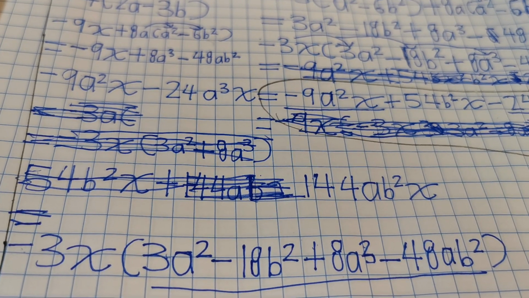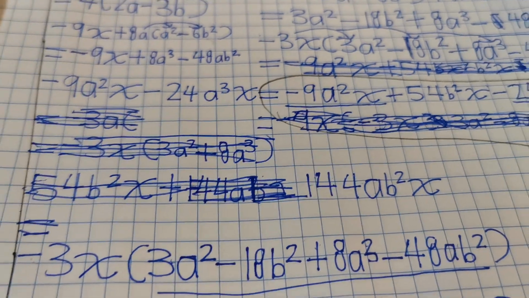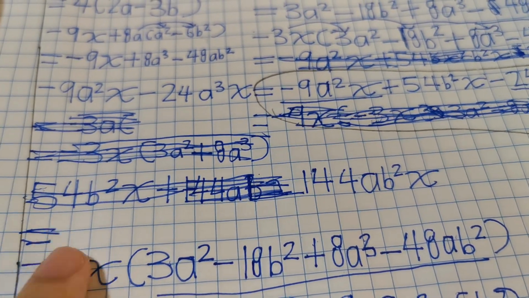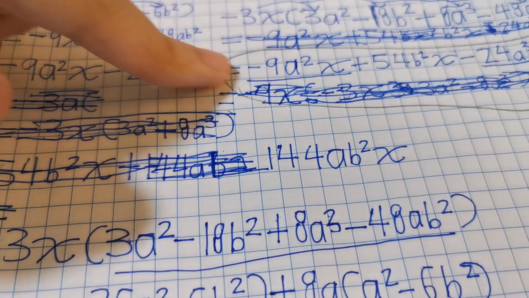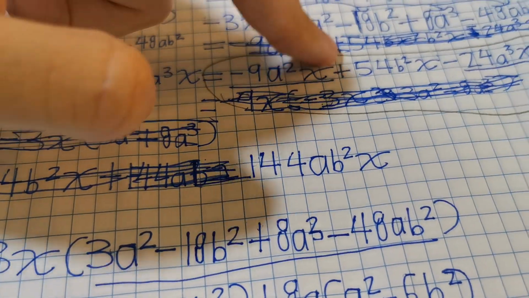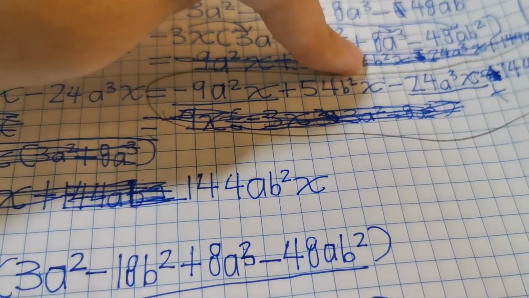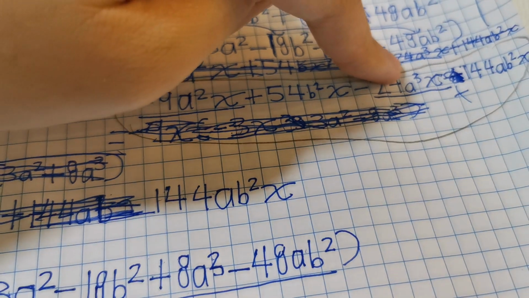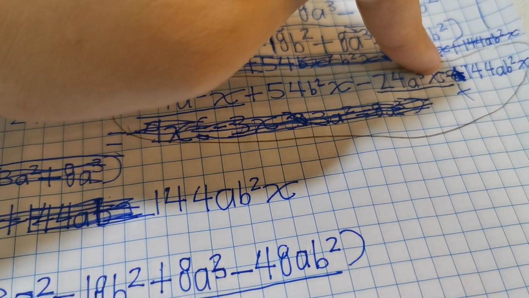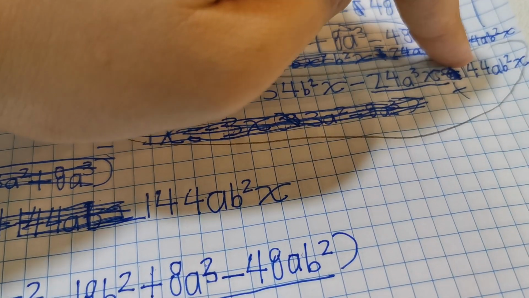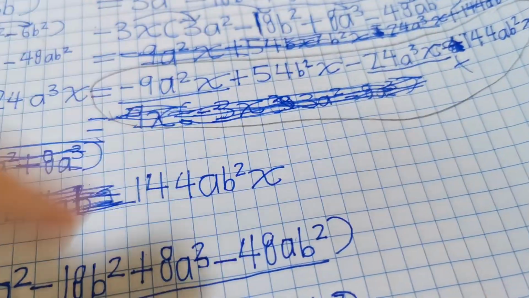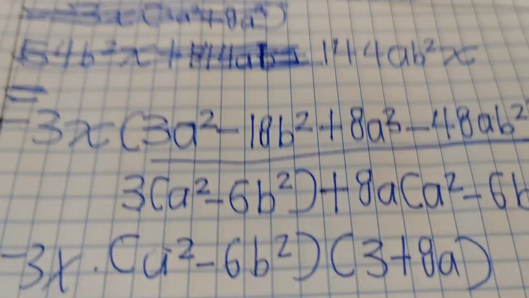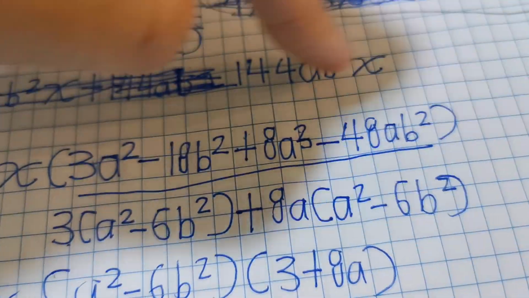He asked me not to jump, 不要跳步骤。Negative 3x is the common term for this negative 9a squared x plus 54b squared x negative 24a cube x positive 144a squared x. Common term is 3x and the other needs to be factorized out.